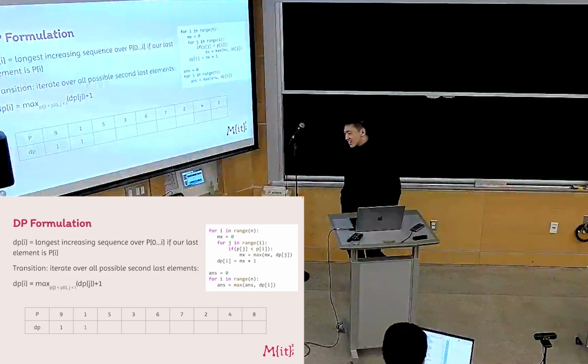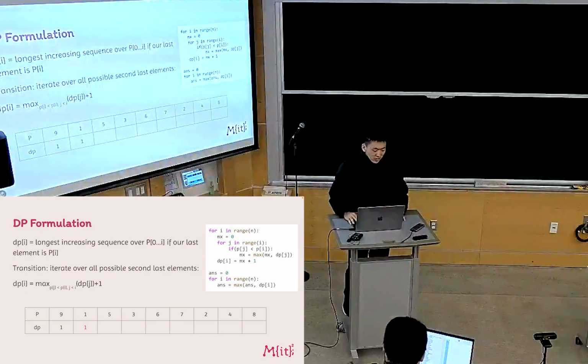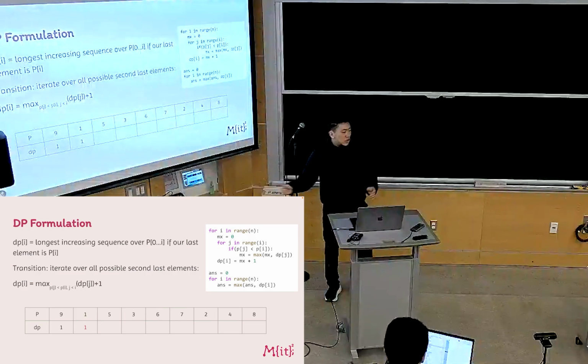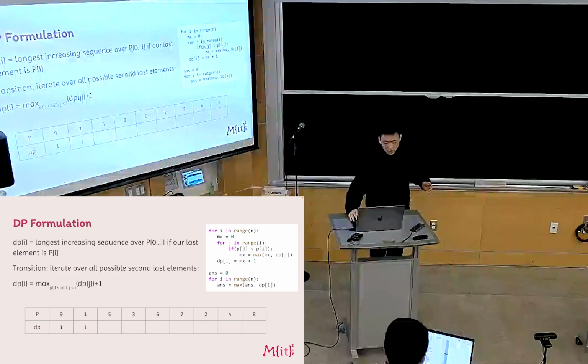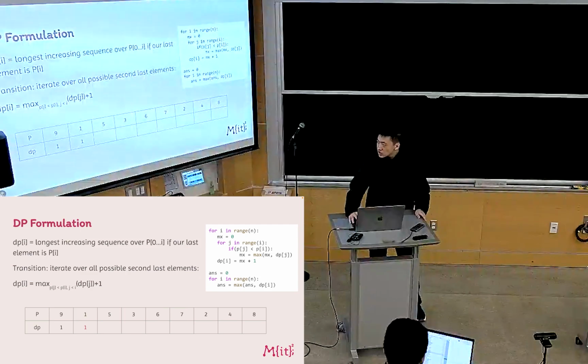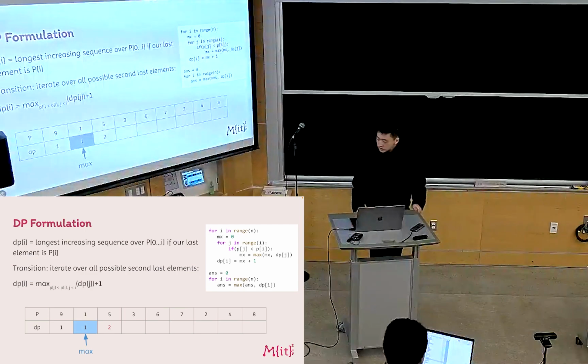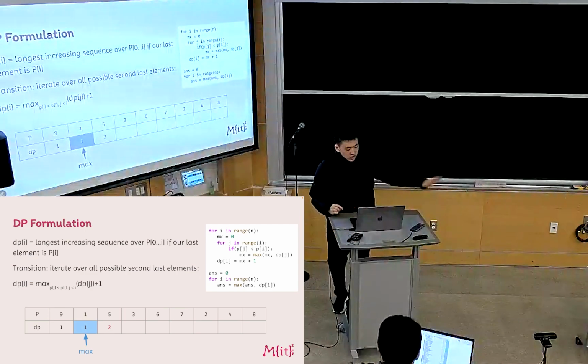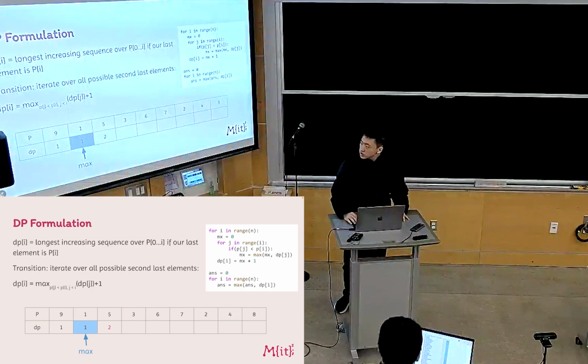Yeah, 2. And the reason it's 2 is because here 1 is less than 5, and so that means that we can take the max over something, which is dp[1], which gives us 2. And so here we can see that we're taking the max at that position, and we're getting 2.